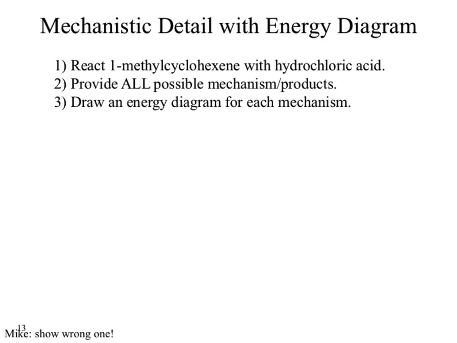Okay. So a good place to start. What is 1-methyl-cyclohexene? It's a cyclohexene. Give me more. Six in a ring structure, with an ene and a 1 methyl.